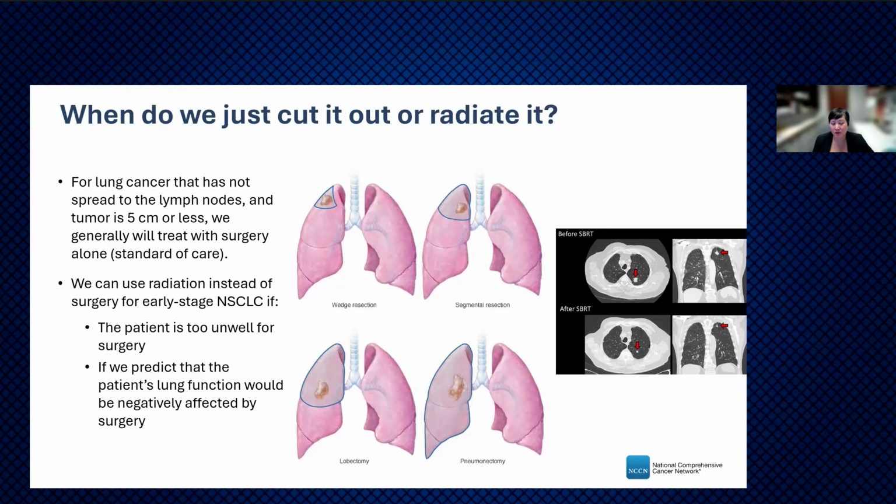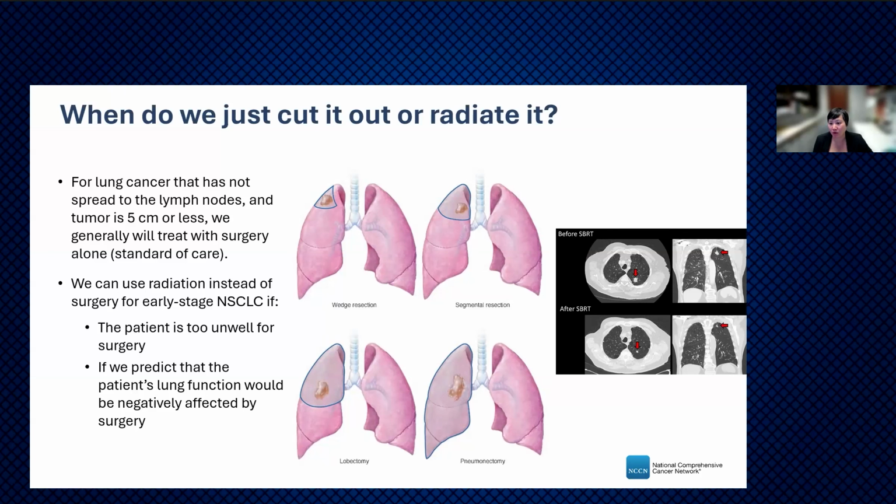So sometimes the surgeon can cut a little snippet out. That's called a wedge resection. This is not what we usually want to do for lung cancer, but for some patients who have multiple spots, we will sometimes do that. This is a segmental resection. This is a very good treatment where they take just a segment of the lung. So the lungs each have different lobes.